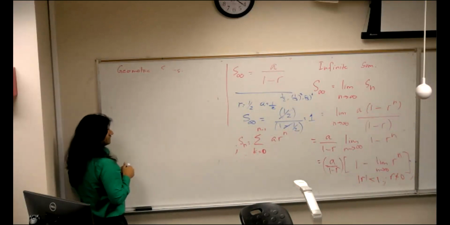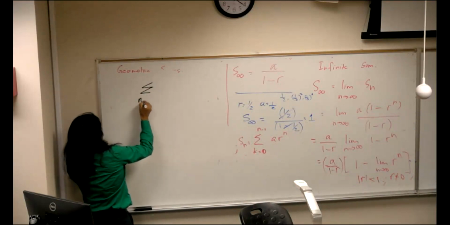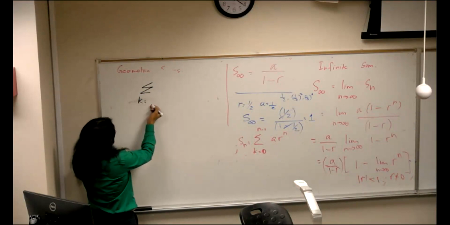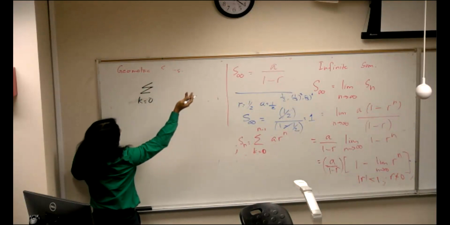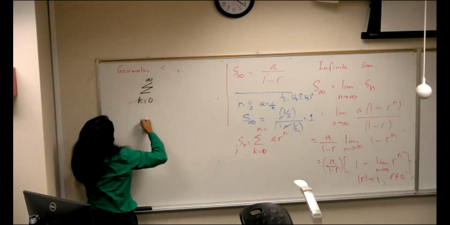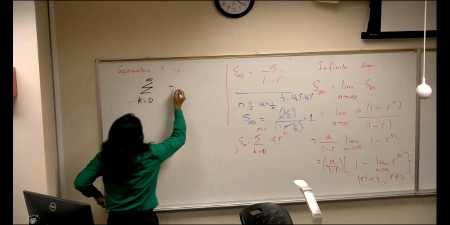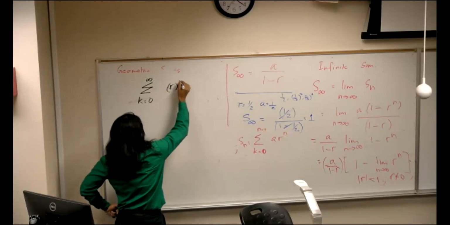So the geometric series case that we had, should it start at 1 or 0? Let's start at 0. Well, we can make it infinite. Minus, well, r raised n.